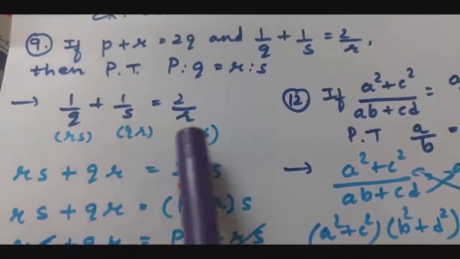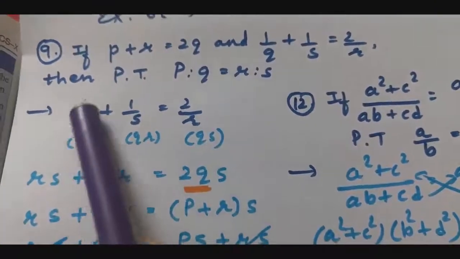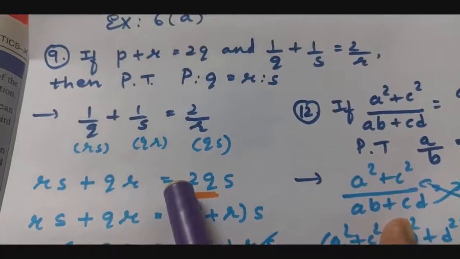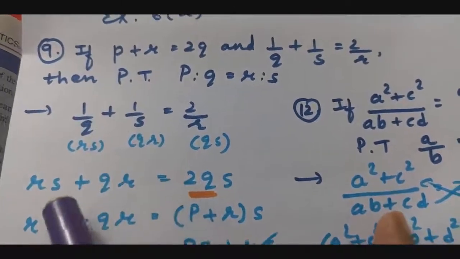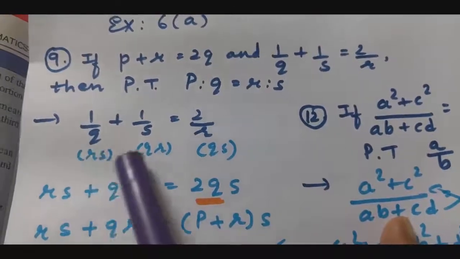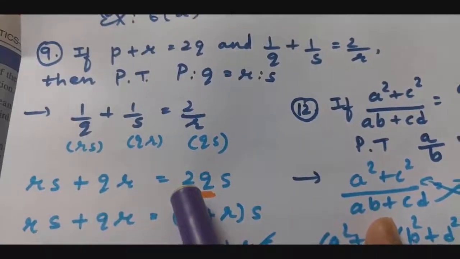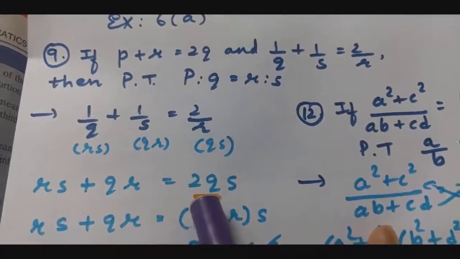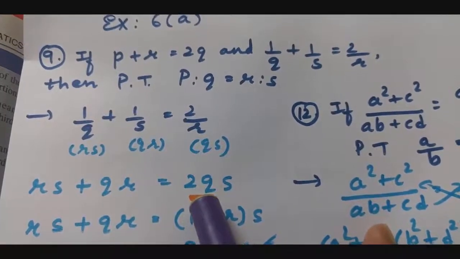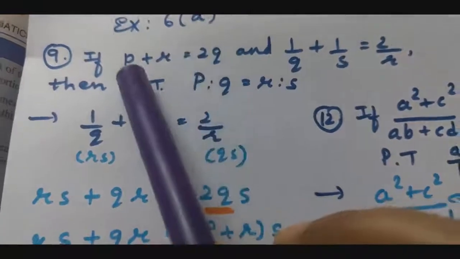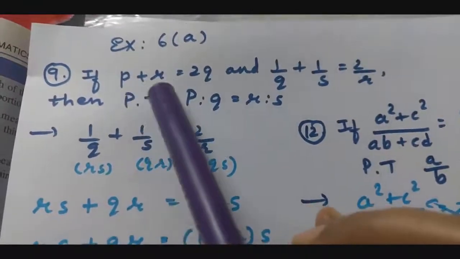rs, qr and qs, multiply it upside with 1, we get rs plus qr is equal to 2qs. Now here as we have taken all together LCM, there is no need to write any denominator. See, this orange color underline I have done on 2q. Now this 2q we are already given in the question as p plus r.